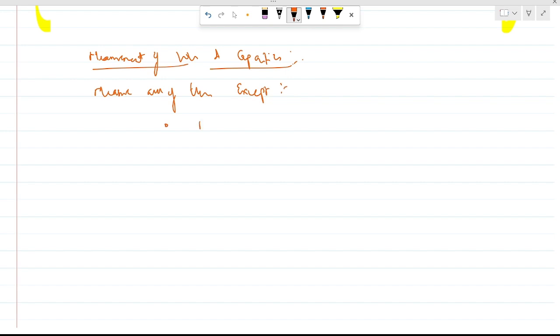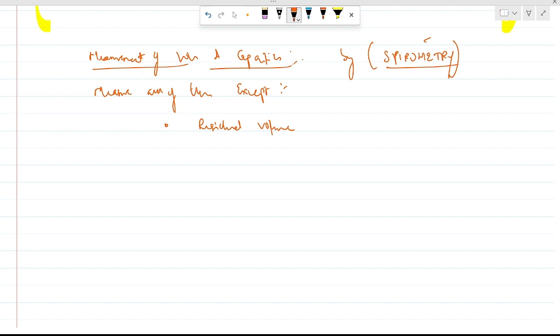First is residual volume, which we can't measure. The term here is spirometry. With spirometry we can measure all the volumes except residual volume, the last volume we discussed.